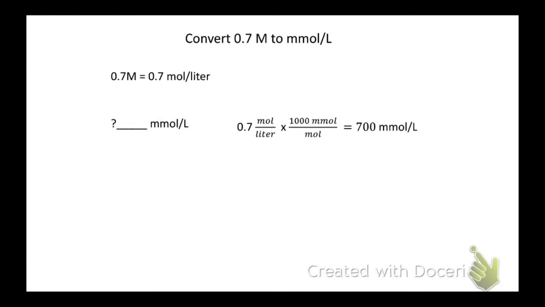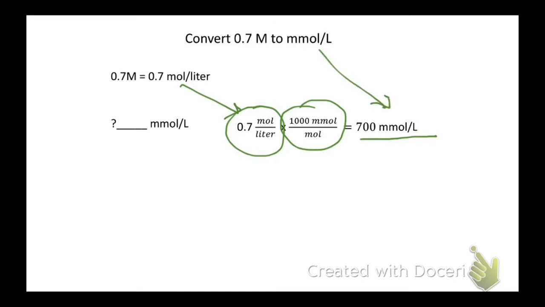In this case, we've got, again, 1,000 millimoles per mole. That's the same as saying 1. And we can multiply our 0.7 moles per liter from up here times that value so that we end up with 700 millimoles per liter, and that gets us to where we want to be.